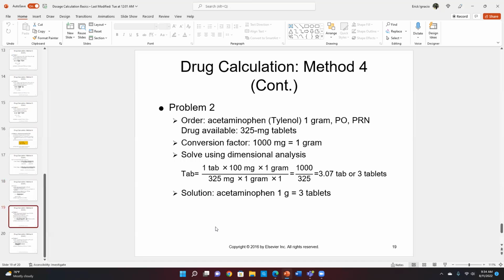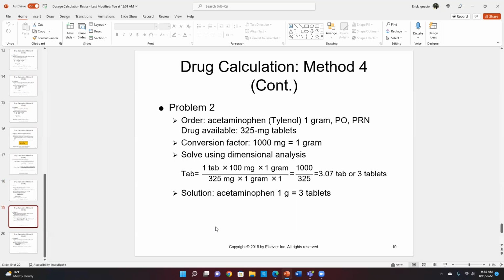Remember, PO is by mouth, PRN is as required. What's available, what's on the label, is 325 milligram tablets. So you have to change that 1 gram to milligrams.